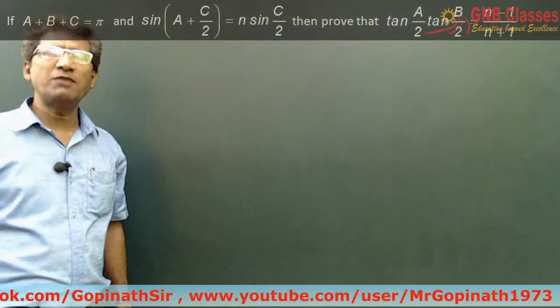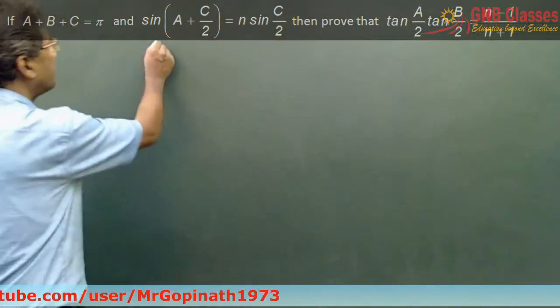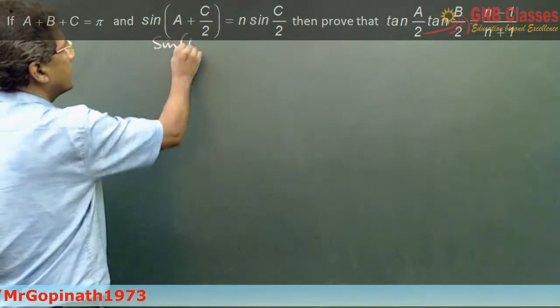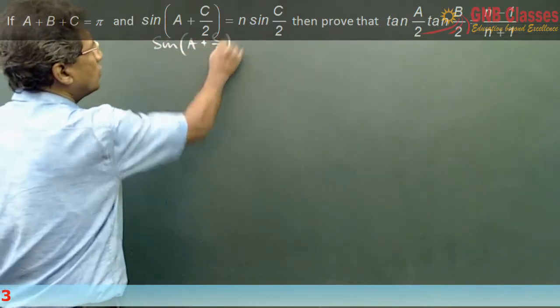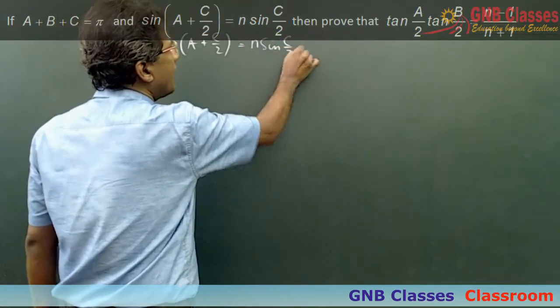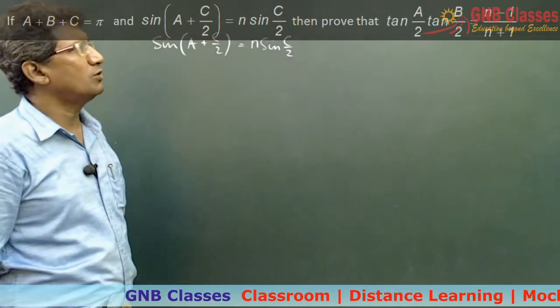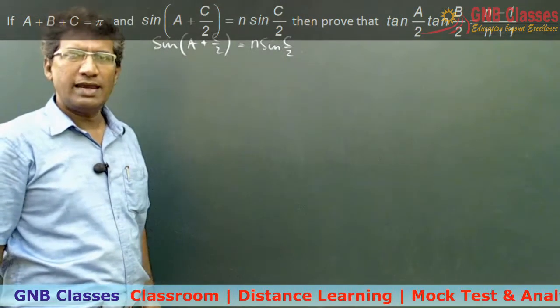So in this problem they have given us that a plus b plus c is pi, and sin((a plus c) by 2) equals n sin(c by 2), and we have to prove that tan(a by 2) tan(b by 2) equals (n minus 1) by (n plus 1).